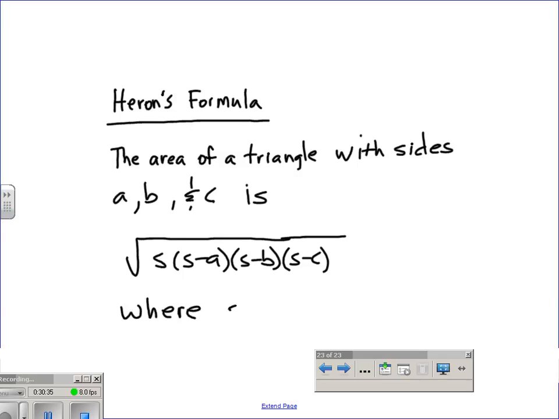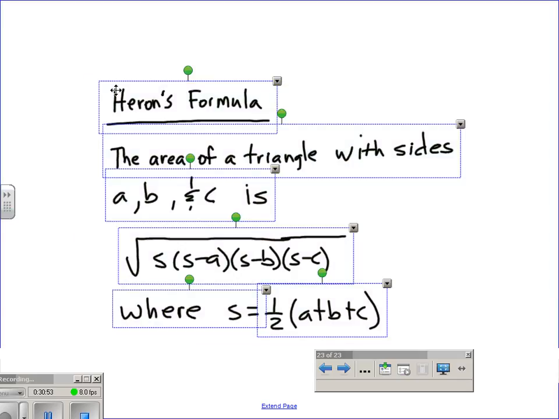S is going to be equal to half the perimeter of that triangle. Okay, here we have it. So there's our formula. And now I'm going to give you a problem to do with that.